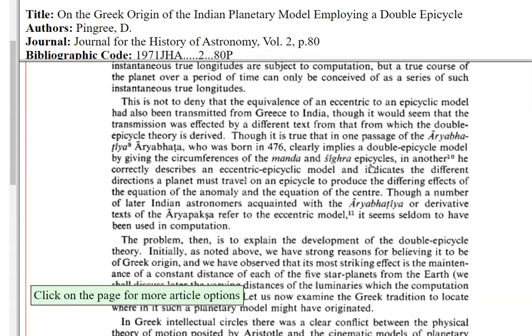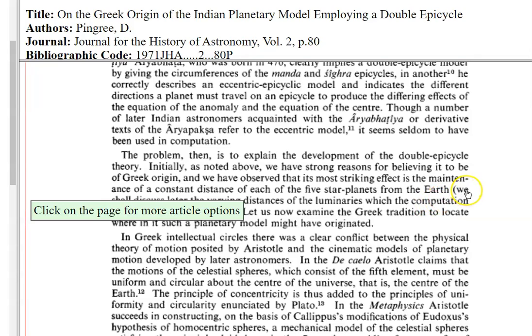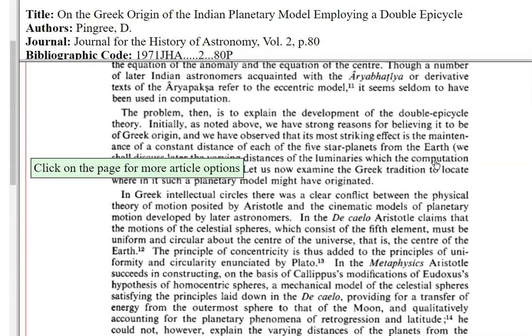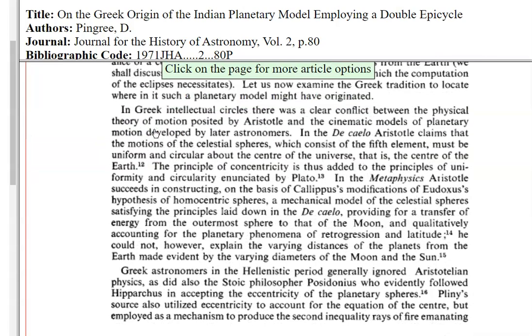In another, he correctly describes an eccentric epicycle model, and I'm not going to read this one because it really does not affect our main thrust of the point. And then he would say, I would go into this one here. This is the important part.